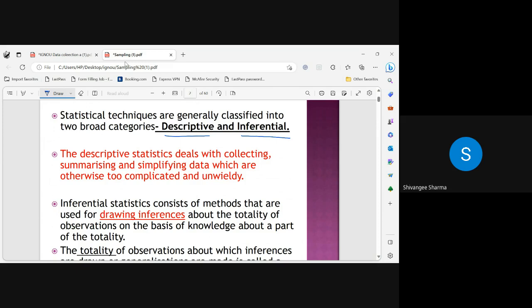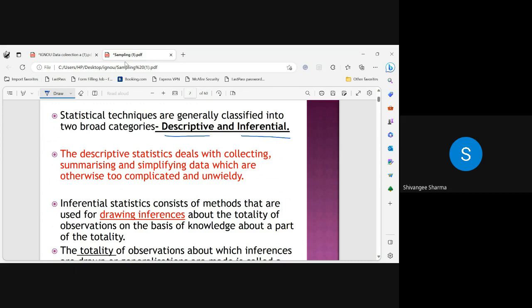Like you have bar diagrams for that, you have pie charts for that, now you have skewness and kurtosis also, where you only describe the statistics, or you summarize them and make them presentable, because otherwise it is too complicated and unwieldy, and you cannot draw any conclusion from that.